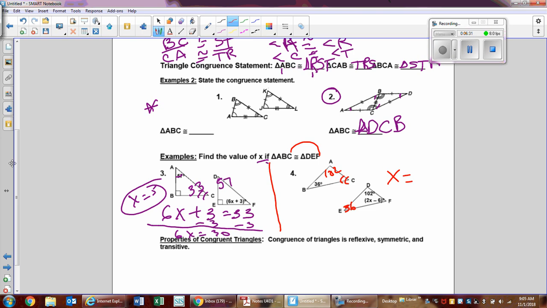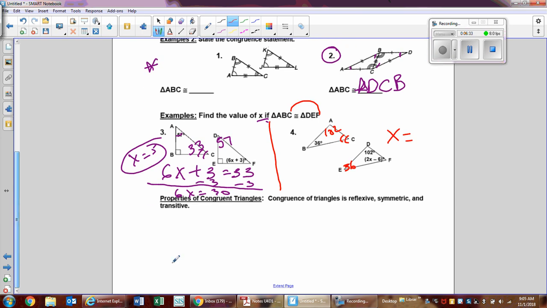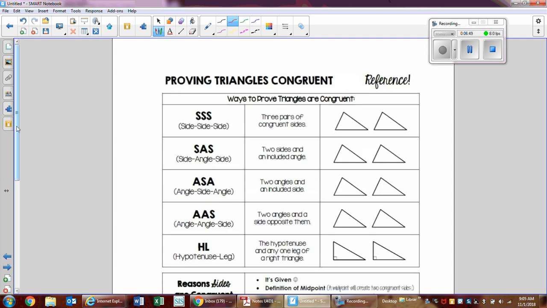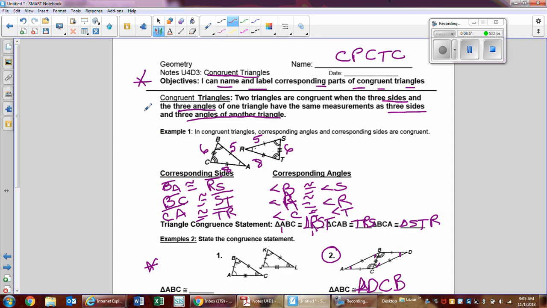Okay? All right, for properties of congruent triangles, you have to remember congruent triangles are reflexive, symmetric, and transitive. We'll talk more about what that means when we get into the lesson. In the first page, we were talking about how two triangles are congruent: all sides are equal, all angles are equal.